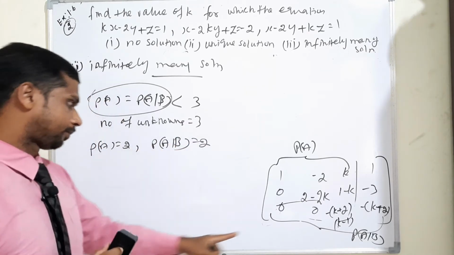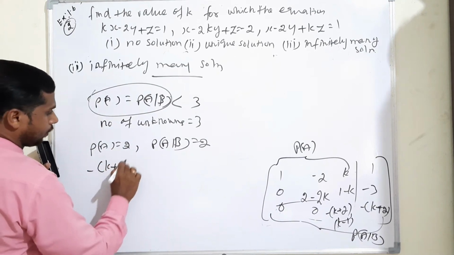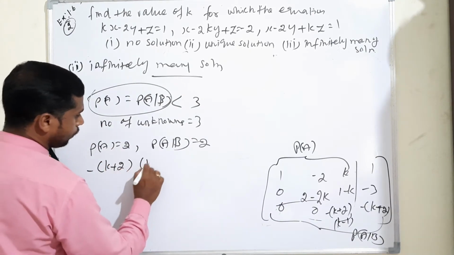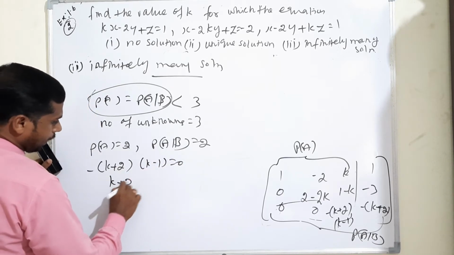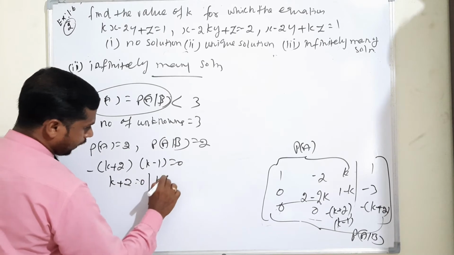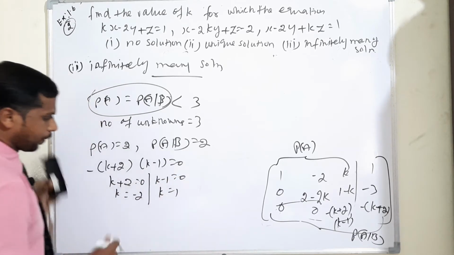What we have to do? Minus of k plus 2, k minus 1 is equal to 0. Taking each term separately, k plus 2 is equal to 0 first, then k minus 1 is equal to 0. So k is equal to minus 2 and k is equal to positive 1.